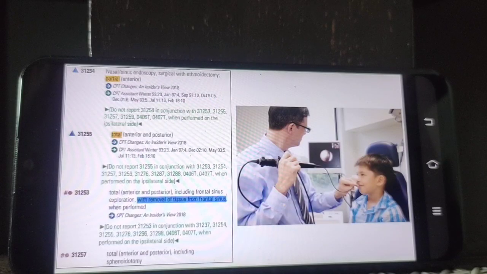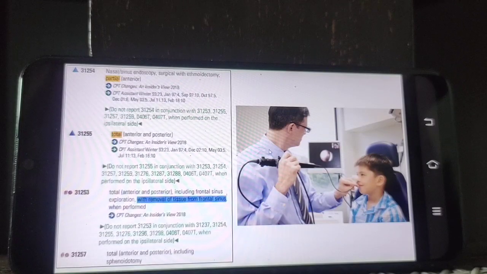Just read the code description. Total anterior and posterior, including sphenoidectomy. No, it's wrong. Can anyone read the code description? Nasal or sinus endoscopy, surgical with ethmoidectomy, total anterior and posterior, including sphenoidectomy.